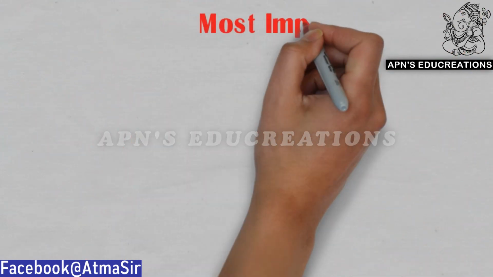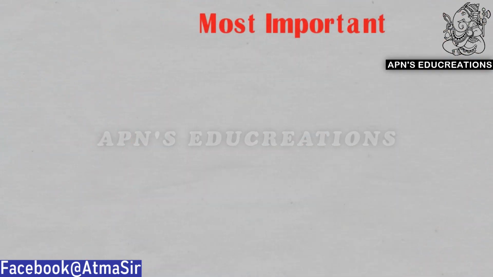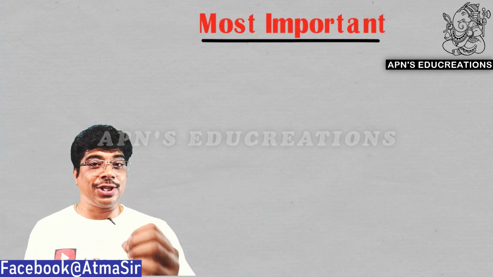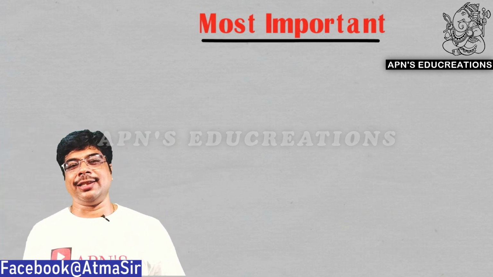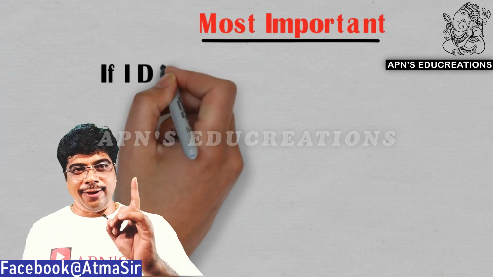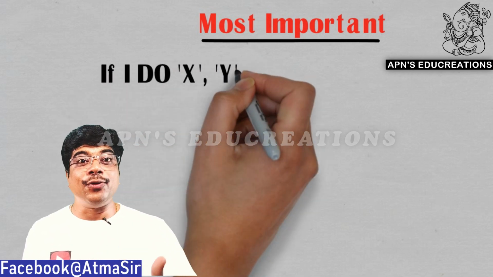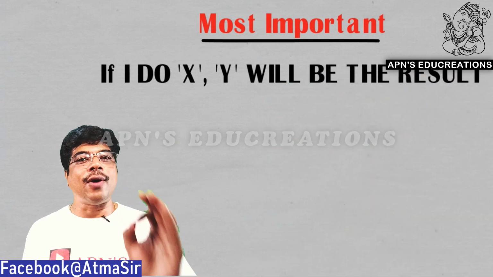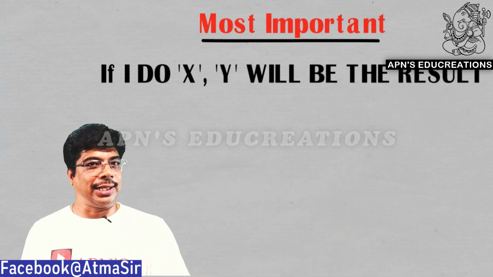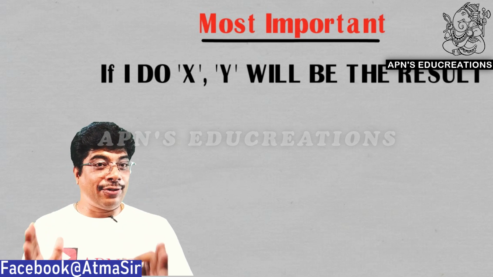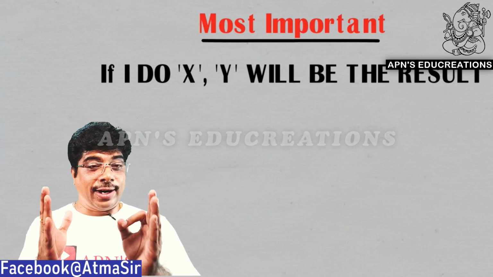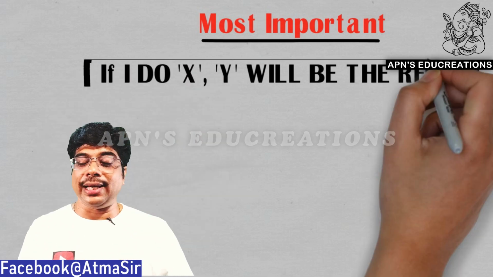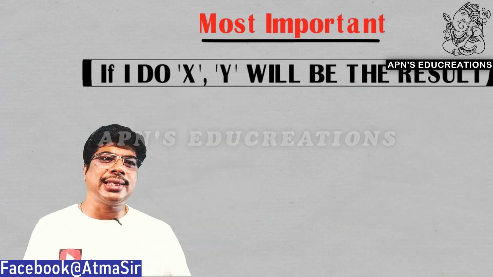Now, the most important thing, I will give you a formula to learn the basic structure of an open condition. The formula is, if I do X, Y will be the result. Remember this one. If I do X, Y will be the result. On the screen you see, I have written down the formula. What does the formula say?